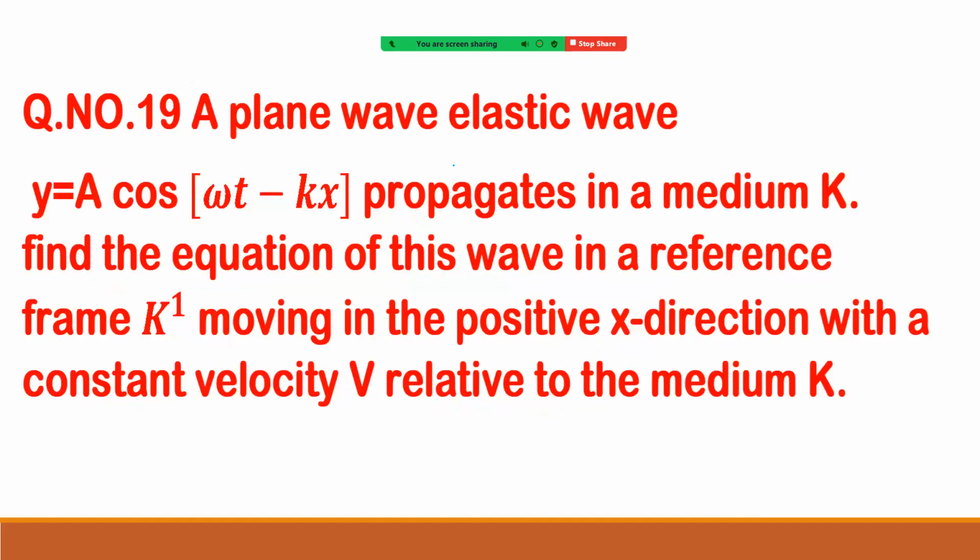A plane elastic wave, y equal to a cos omega t minus kx, propagates in a medium K. Find the equation of this wave in a reference frame K dash moving in the positive x direction with a constant velocity v relative to the medium.